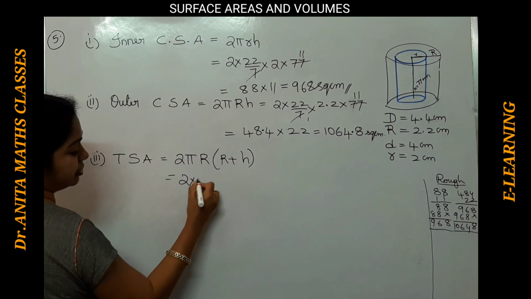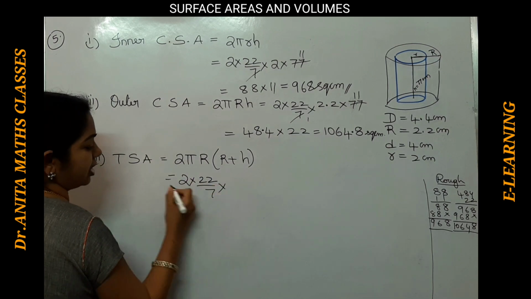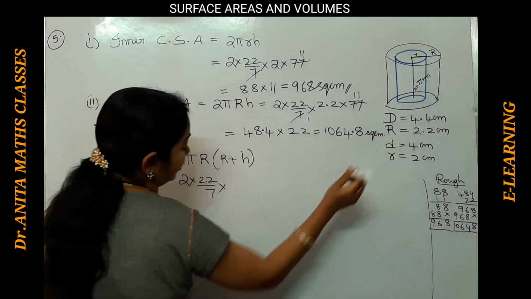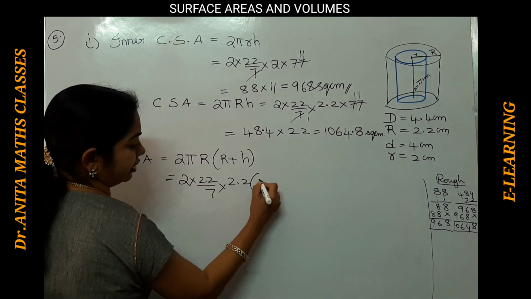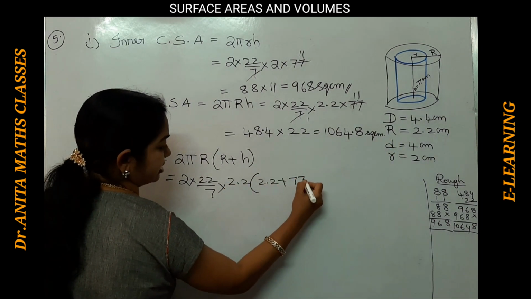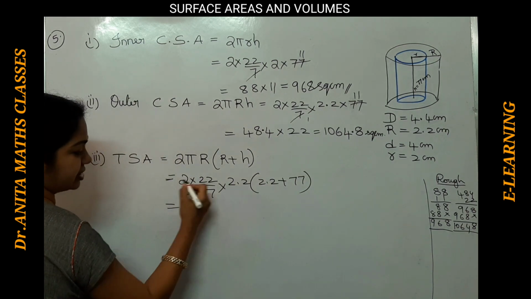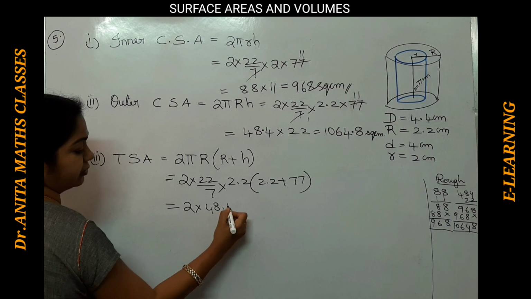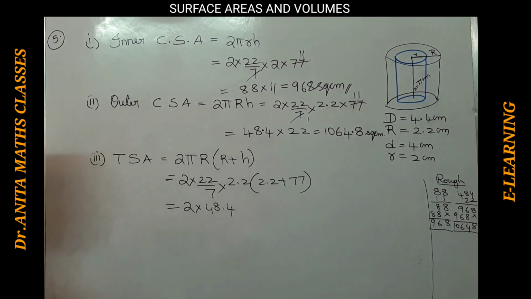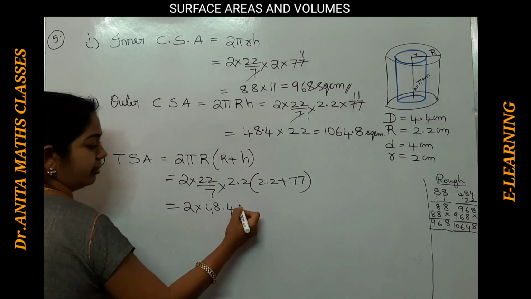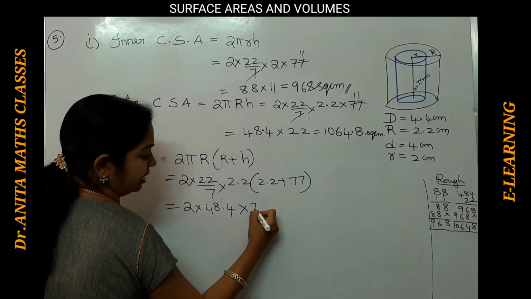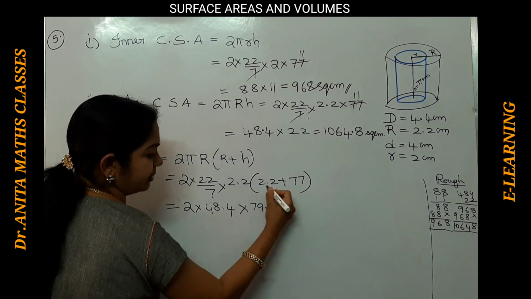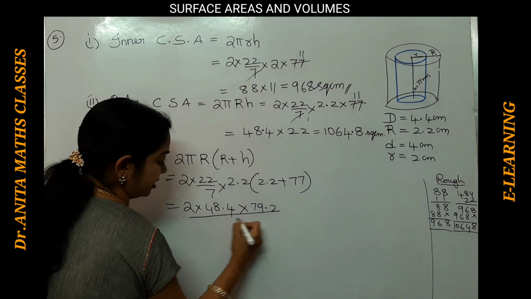So 2 into 22 by 7 into R, where R is 2.2, into 2.2 plus h, which is 77. Do this calculation: 2 into 22 squared is 484, so 48.4 multiplied by 77 plus 2.2, which is 79.2.